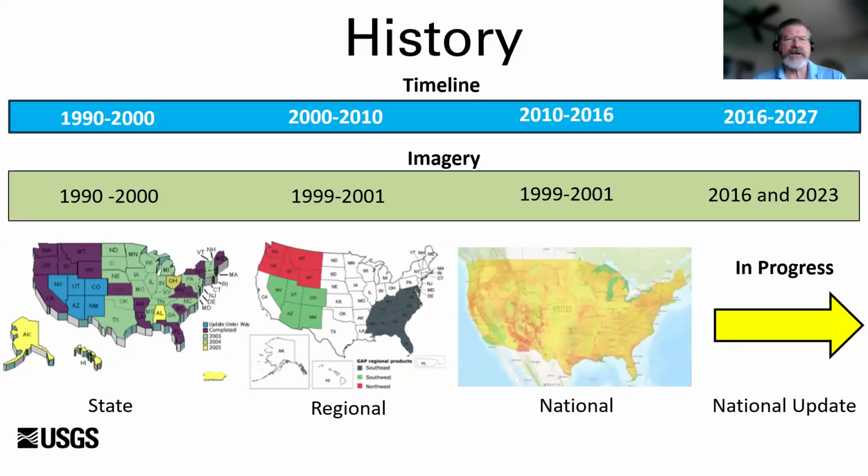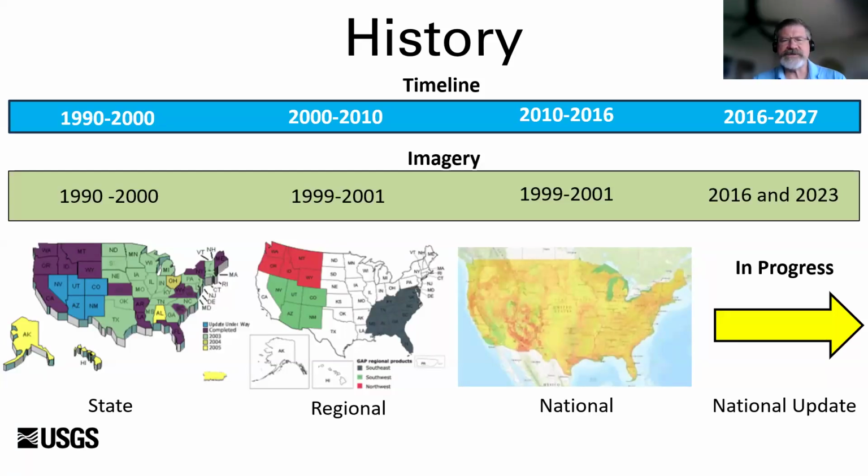From 2000 to 2010, we did 3 regional projects in the Northwest, the Southwest, and the Southeast. That was based on imagery from 1999 to 2001. We used Landsat imagery as a base layer to identify land cover. Just to step back, the state-based projects used imagery from between 1990 and 2000 or so.